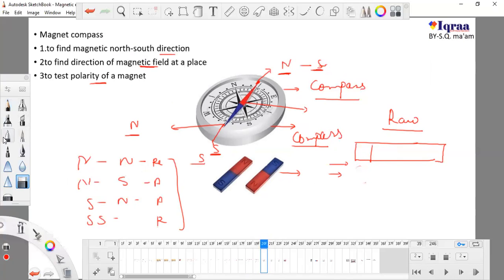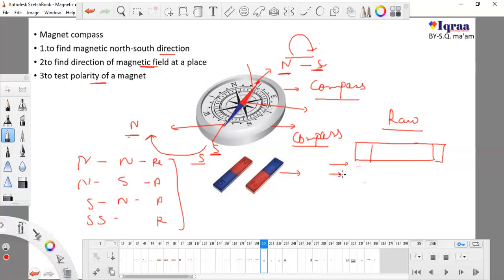So I can use this compass. This pole is the north pole, so it will always get attracted towards the south pole, and this is the south pole, so it will always get attracted toward the north pole. This is how I can identify the south pole and the north pole.